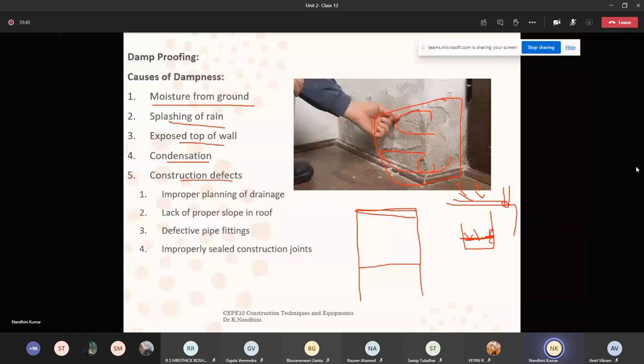Consider this as the outlet here, and you have the water stacking at this level. So what will this water do? It will keep on wetting this parapet wall, and that dampness will penetrate through the walls.